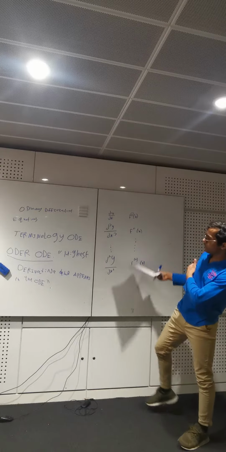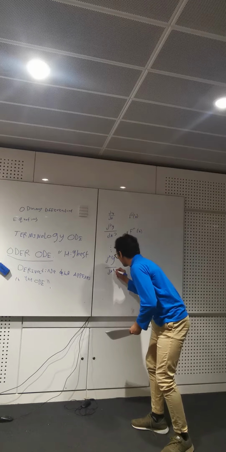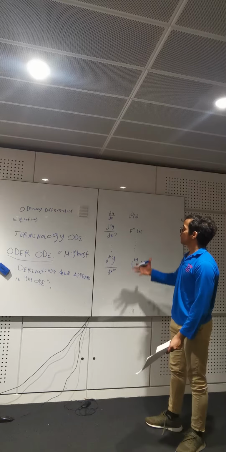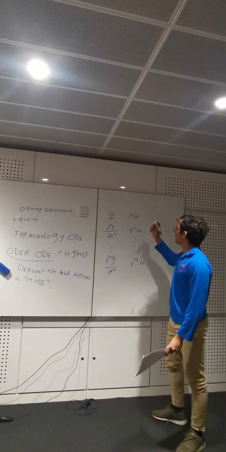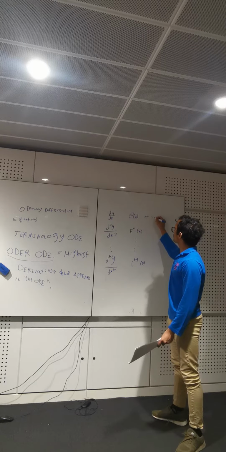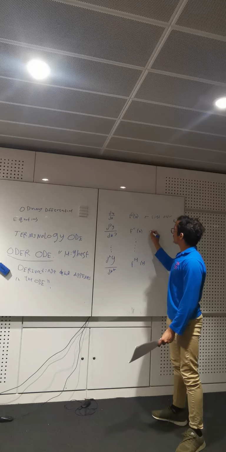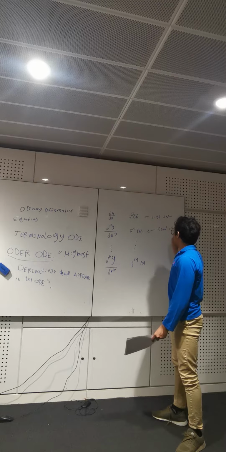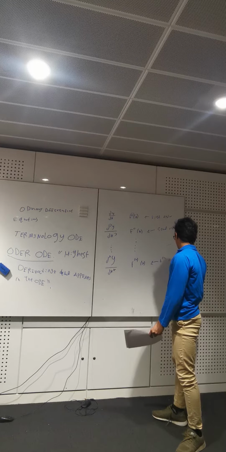So this is how the derivative looks, and this is n, not 2n, this is n. If the equation involves the first derivative, we call the equation first order, and this one second order, and so on, and this is nth order.